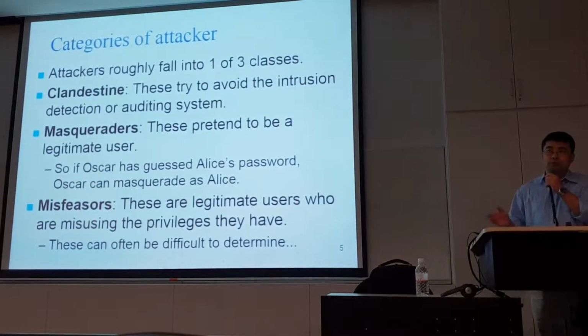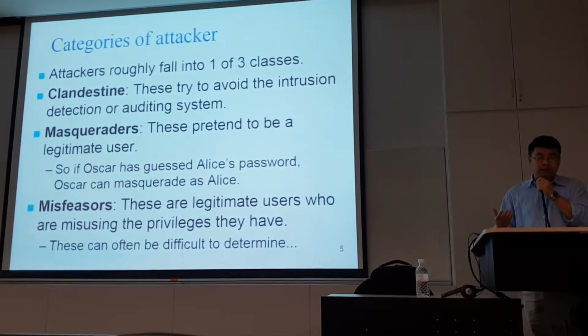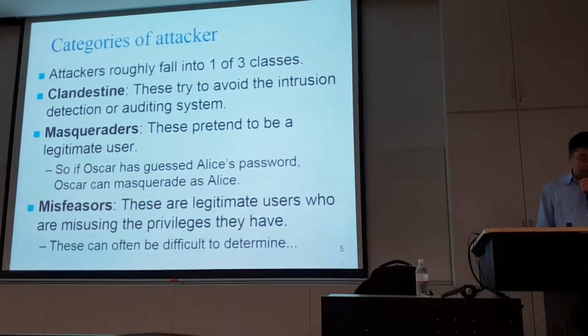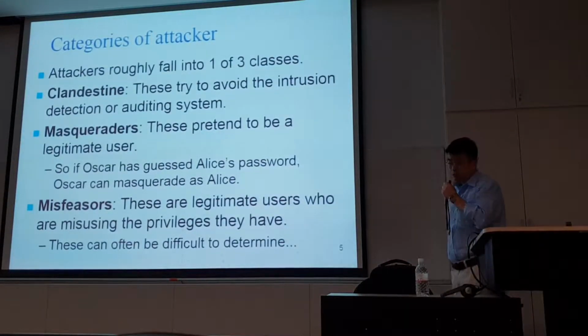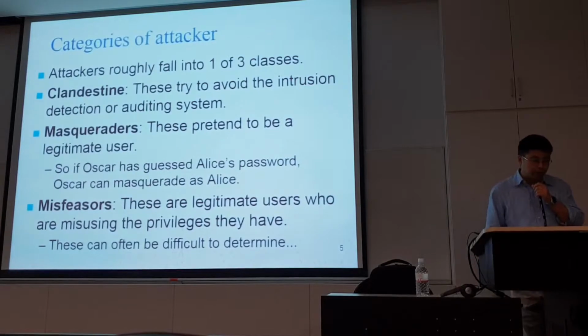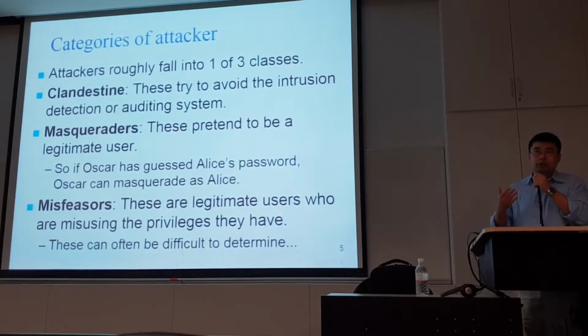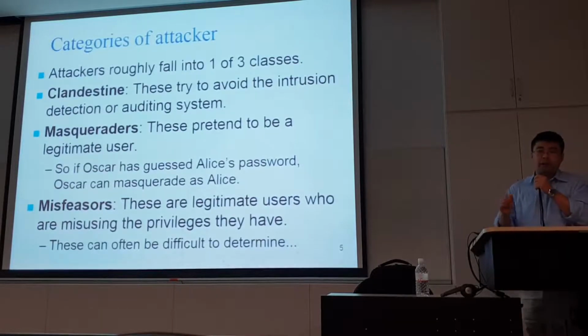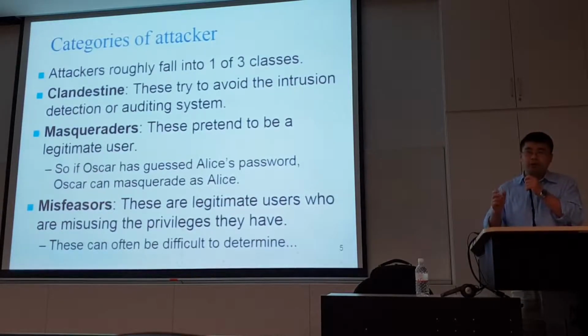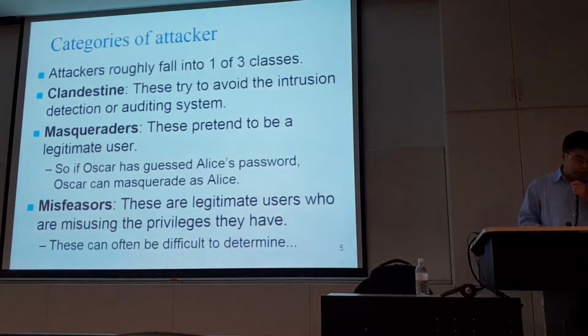In this case, we want to distinguish whether the attacker is really Alice or someone else. The clandestine user tries to avoid the intrusion detection or auditing system. Basically, they try to bypass the system that detects or logs the activity.